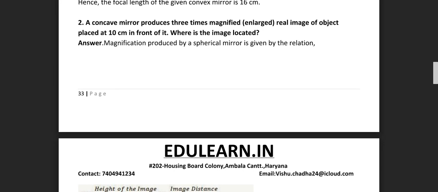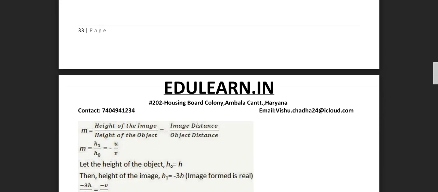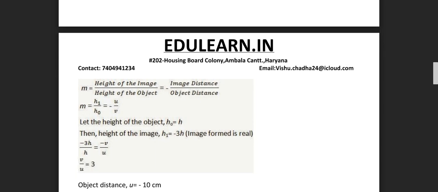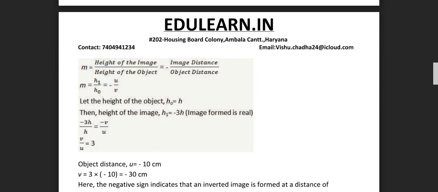Now the concave mirror produces 3 times magnified real image of the object placed at 10 centimeter in front of it. Where is the image located? This numerical I have already solved in the previous video that I have uploaded. So kindly go and check that video. The same formula I have applied: h1 upon h, that is, height of image upon height of object is equal to minus image distance upon object distance.